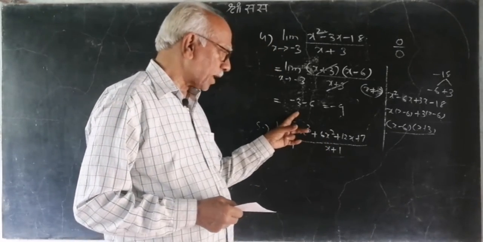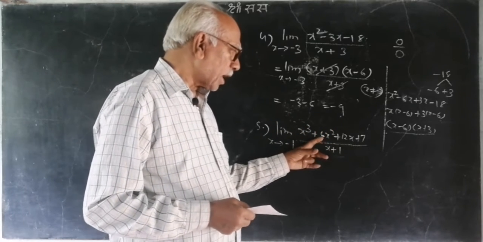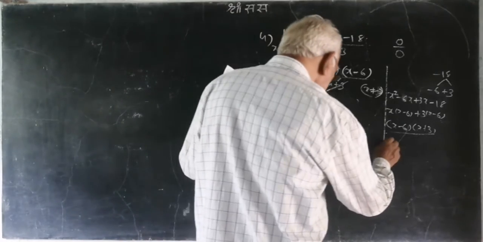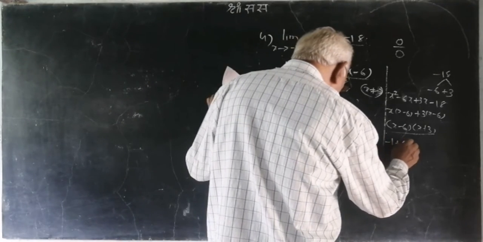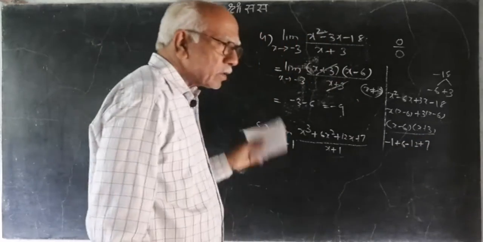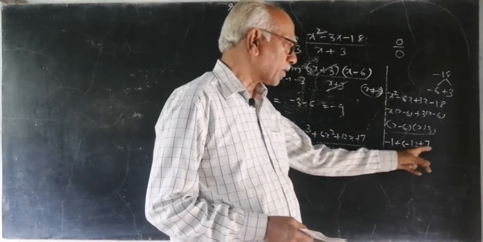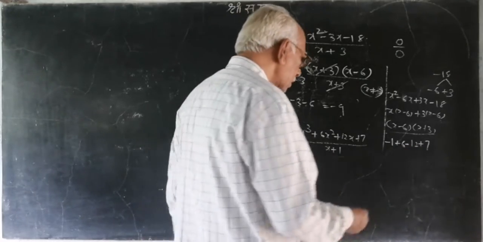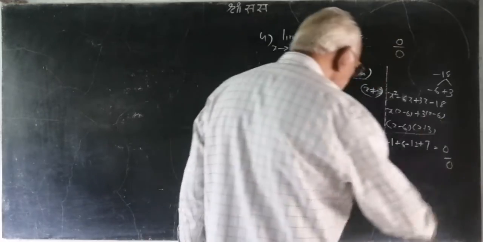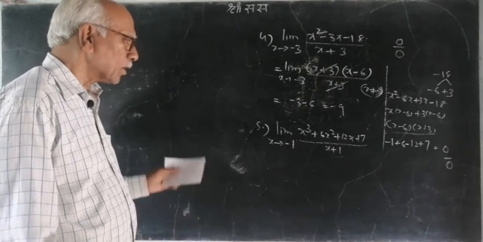Minus 1 cube is minus 1, minus 1 square is plus 1, so plus 6, then minus 12, then plus 7. So how much do you get? Minus 1 plus 6 minus 12 plus 7. Minus 1 minus 12 is minus 13, and 6 plus 7 is plus 13. So it will be 0, and the denominator is also 0. So it is 0 by 0, and we have to continue with the process.